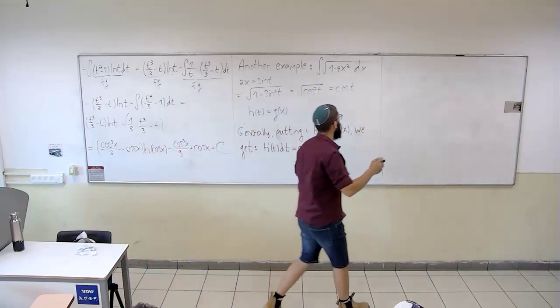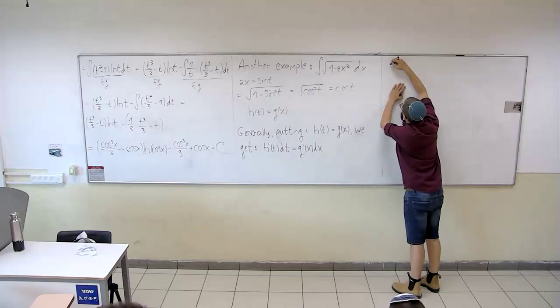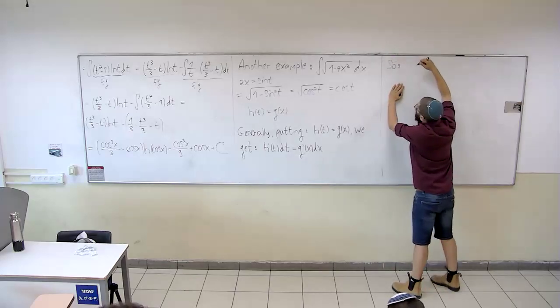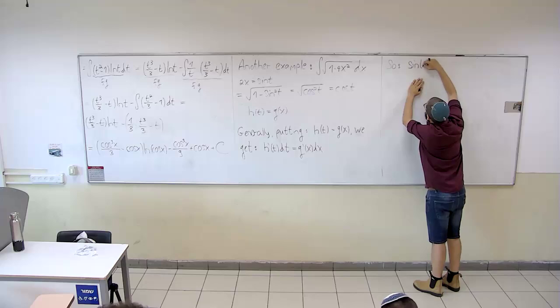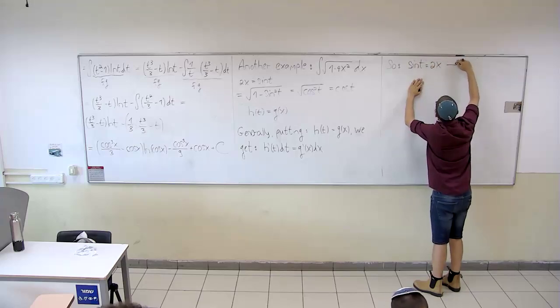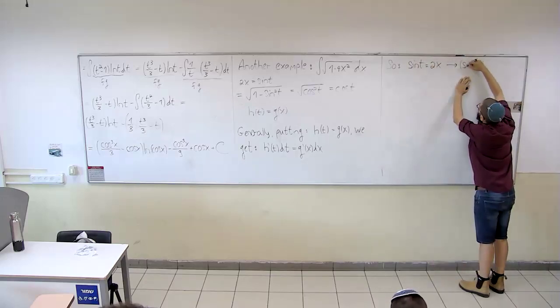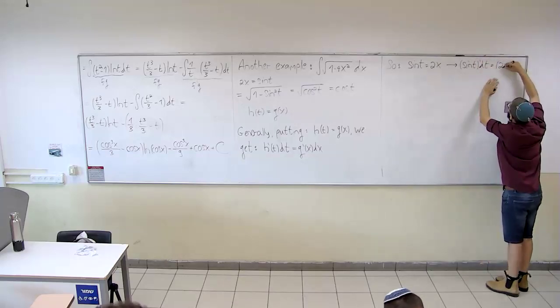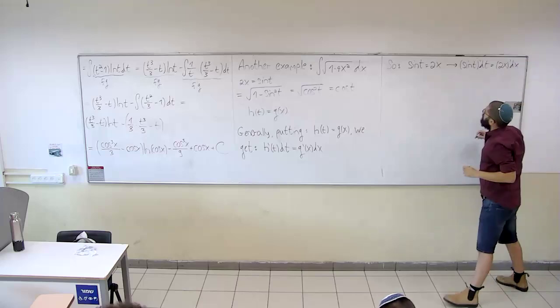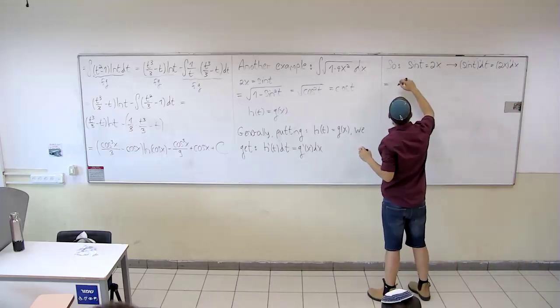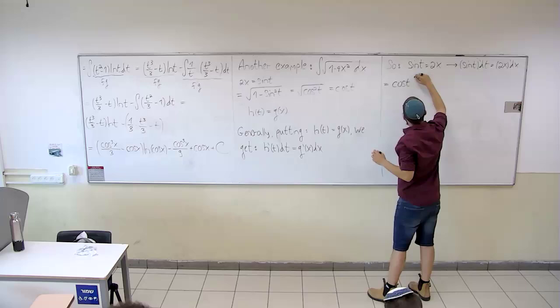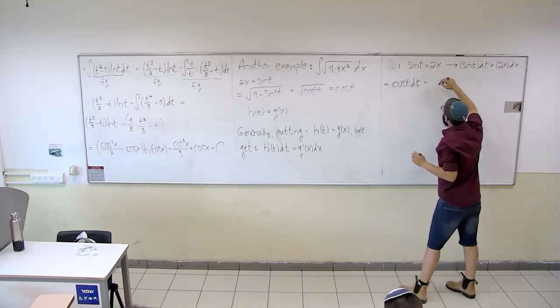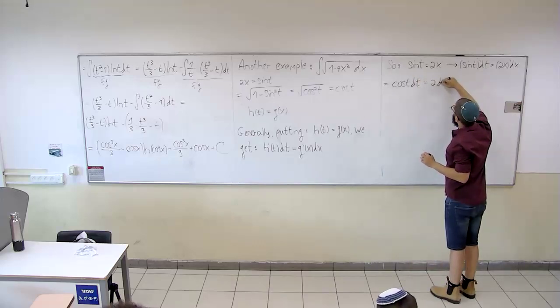For example, if we put sine t equal to 2x, then (sine t)' dt is (2x)' dx, which means that cosine t dt is 2dx.